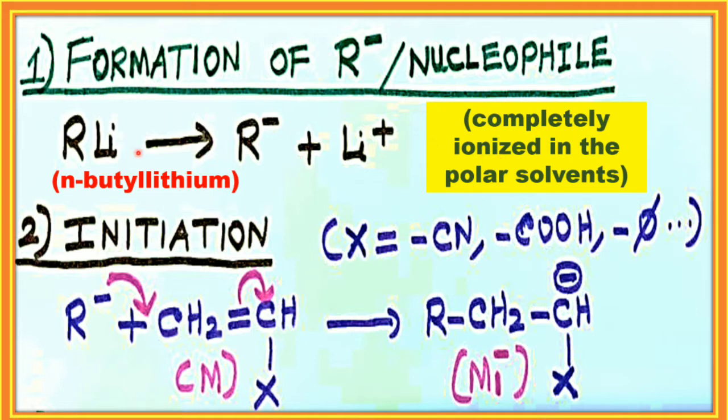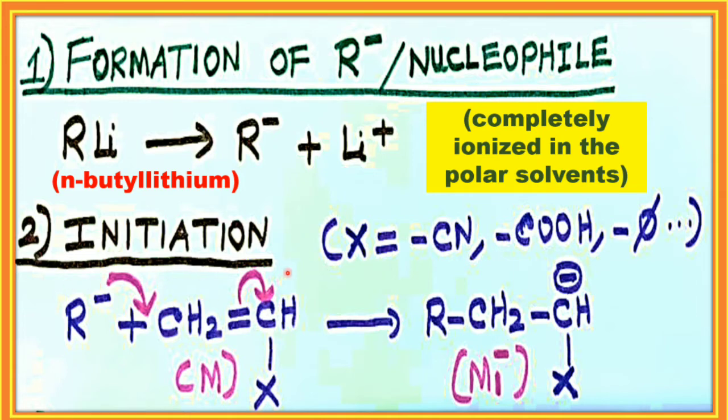The initiators are completely ionized in the presence of polar solvents, whereas in non-polar solvents, the anionic initiators are not completely ionized. Therefore, the study of kinetics is complicated in non-polar solvents, where there is partial dissociation of anionic initiators.